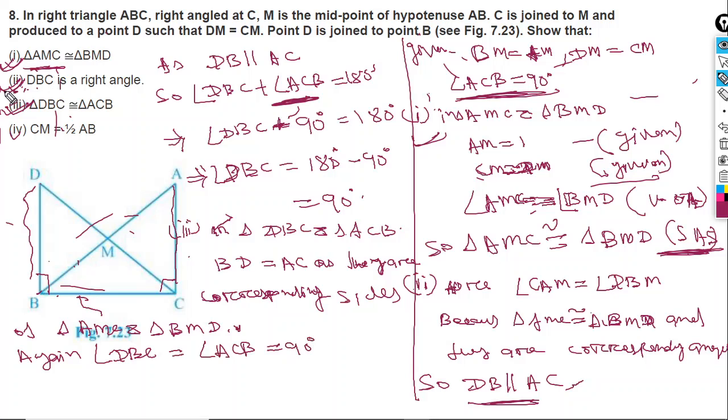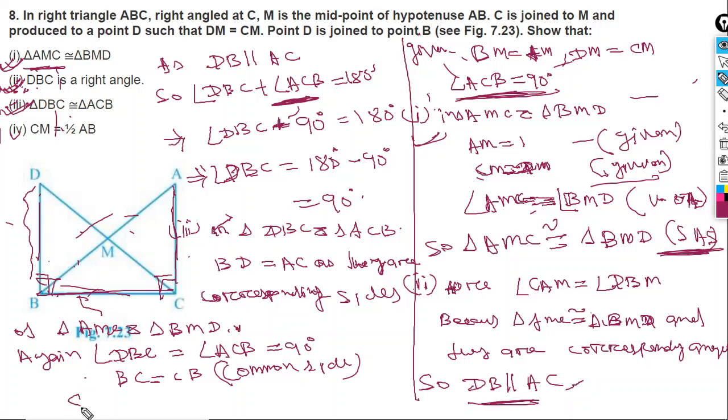This is what we have just proved in part 2. And BC equals CB. Why? Common side. Therefore, side angle side, the sides and angle are equal.